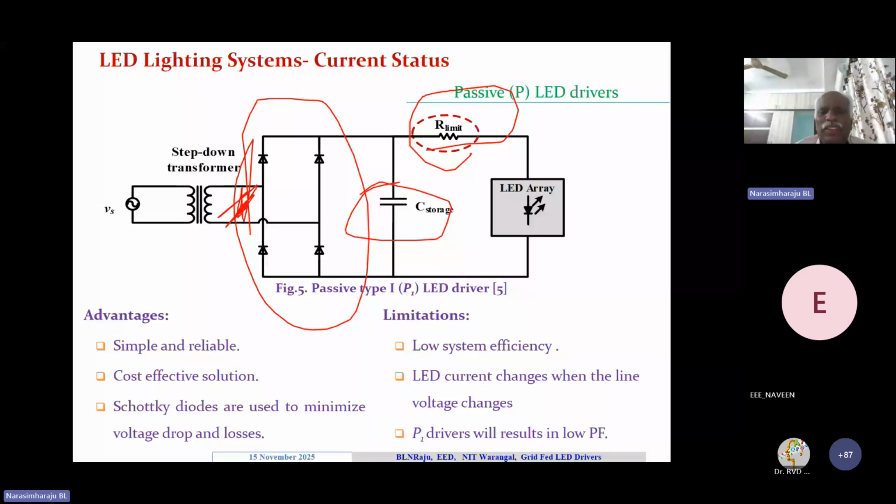So this is a typical passive power driver circuit.